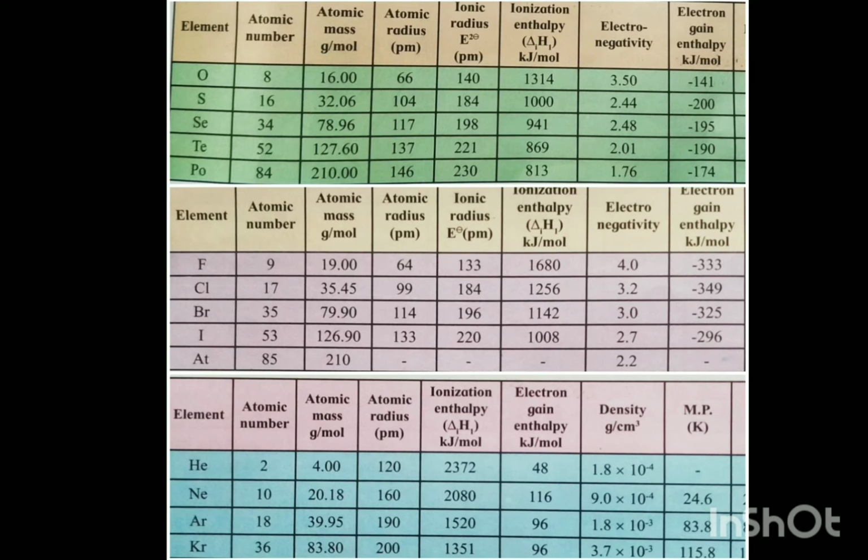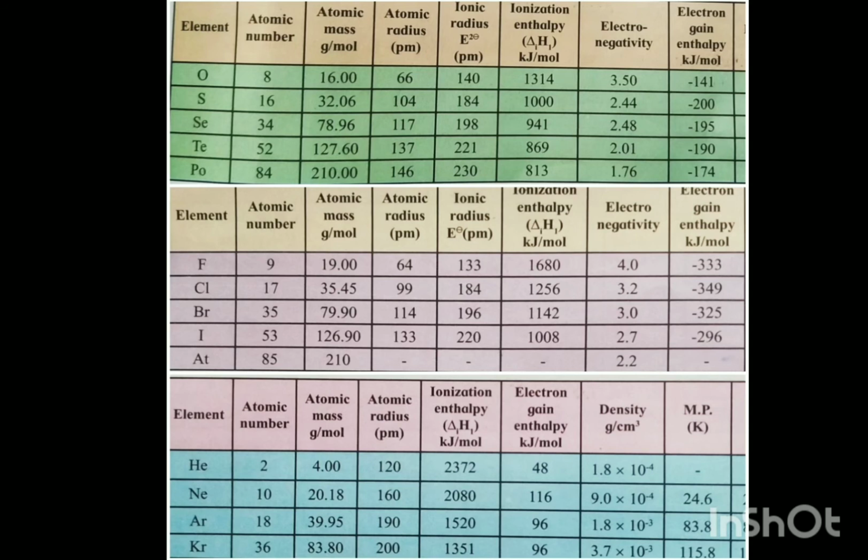The second property is ionization enthalpy. The energy required to remove an electron from an isolated gaseous atom in its ground state is called ionization enthalpy. If one electron is removed, it is called first ionization enthalpy.